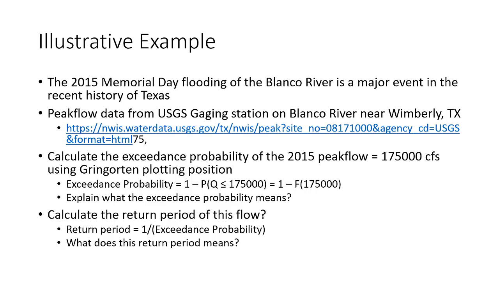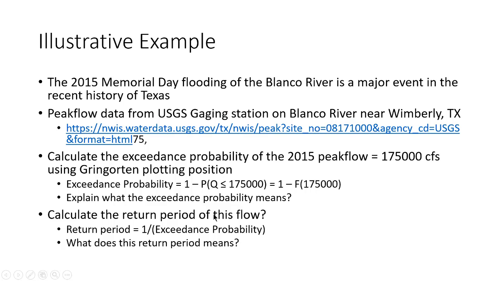As I said, the exceedance probability is 1 minus the cumulative distribution function of flow being less than or equal to 175,000, which is nothing but 1 minus F(175,000). So we use the plotting position formula to get this F, or this P. And once we have that cumulative probability, we do 1 minus that cumulative probability, and that will give us the exceedance probability.